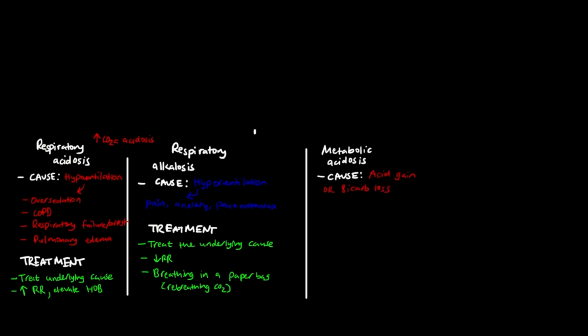So let's talk about bicarbonate loss first. Bicarb is lost through the feces. And so in the case of diarrhea, where someone is excessively defecating, they are also excessively losing bicarbonate.